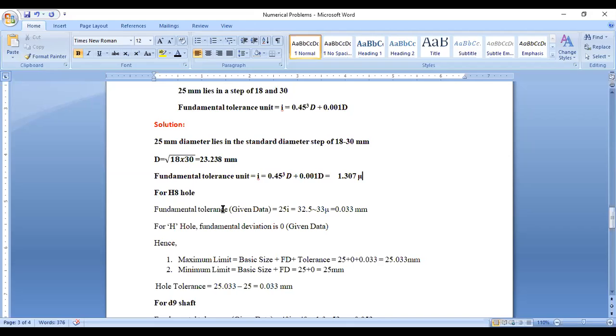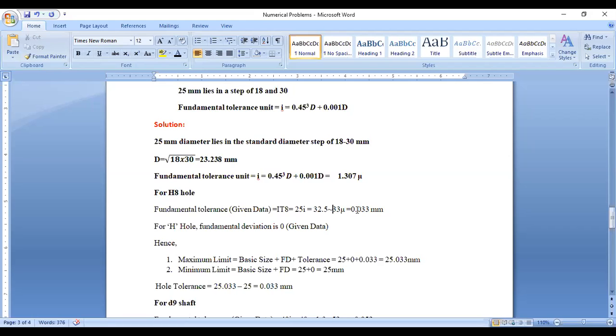The fundamental tolerance will be in the given data, that is, you have to refer to IT8, which is given in your problem data. Which will be 25i, and for this I you have to substitute the value 1.307 microns, and again you will get the value in terms of microns, that is 32.5, which is nearly equal to 33 microns.